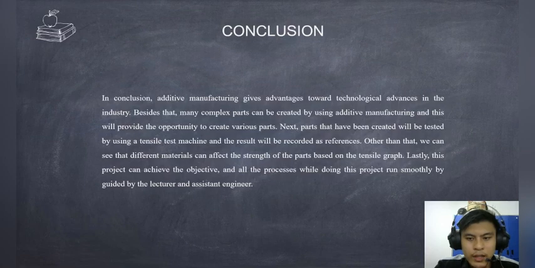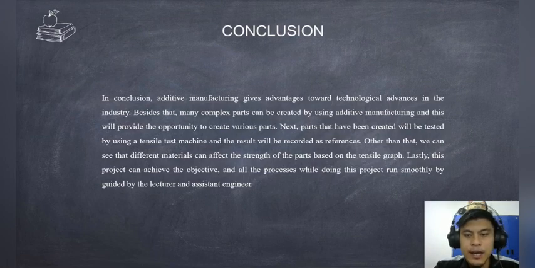Okay, conclusion. In conclusion, additive manufacturing gives advantage to technological advance in the industry. Besides that, many complex parts can be created by using additive manufacturing, and this will provide the opportunity to create various parts. Next, parts that have been created will be tested by using a tensile test machine, and the result will be recorded as reference.